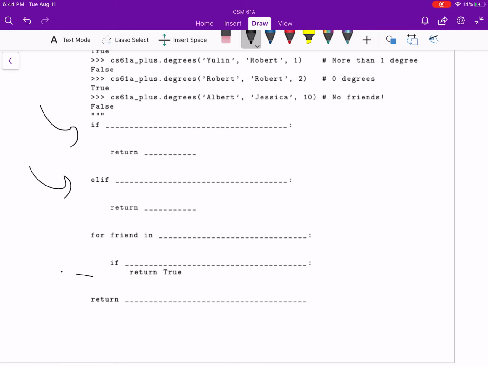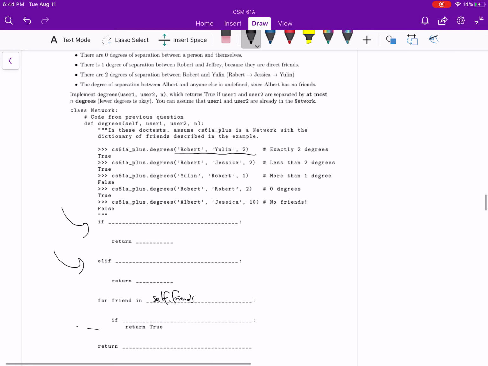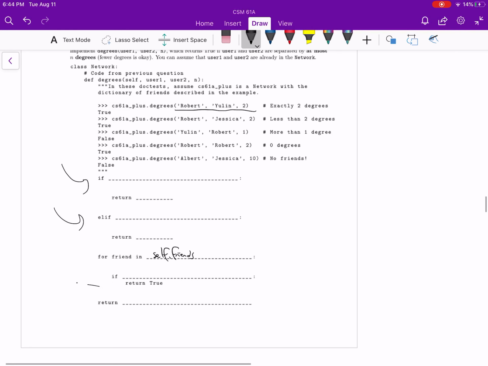In our for loop, we can iterate through self.friends. Is there a self? Yeah, because we're in the network class. Of user 1. We could also do user 2 to go backwards, but why not just go forwards?